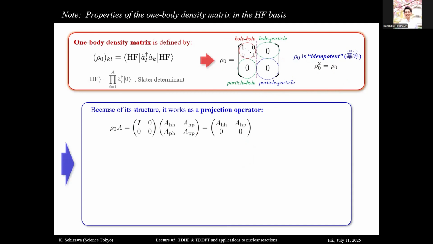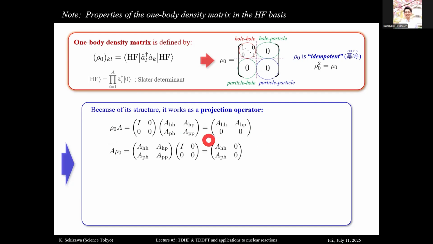So what does it mean? If you operate rho 0, this one-body density matrix, on any arbitrary matrix A, since it has this particular form, it cuts the bottom part, so the particle-hole and particle components become 0.